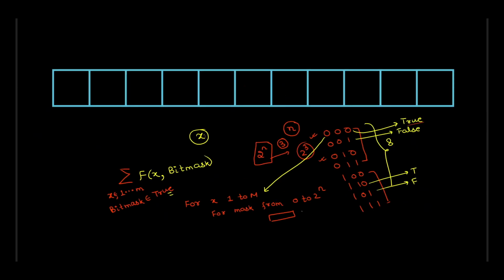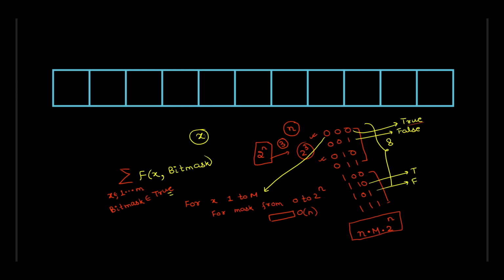So the overall time complexity becomes n into m into how many bit masks there are, 2 to the power n. So this is the overall time complexity.